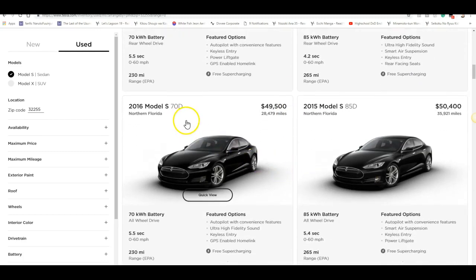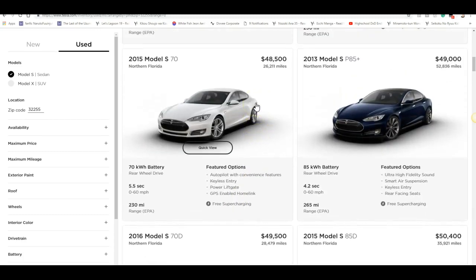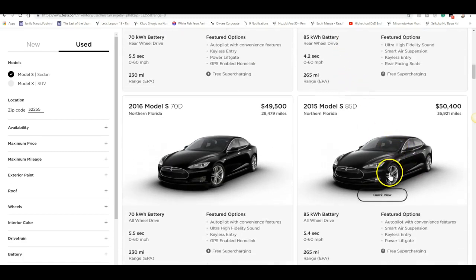If I go down to a 70D, 70Ds are not bad, but I like the more range of the 85. I'd rather take an 85D over a 70D. As you can see, they got the P85 or whatever, but this has a dual motor in it. It just depends. This also has autopilot. What years?